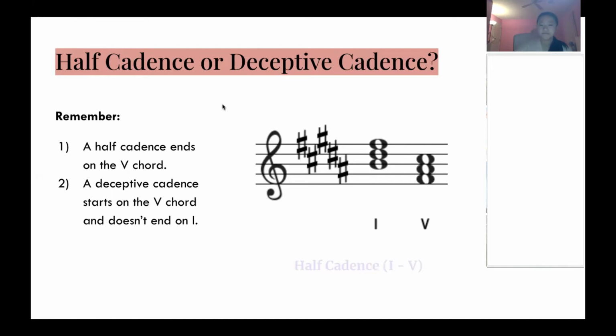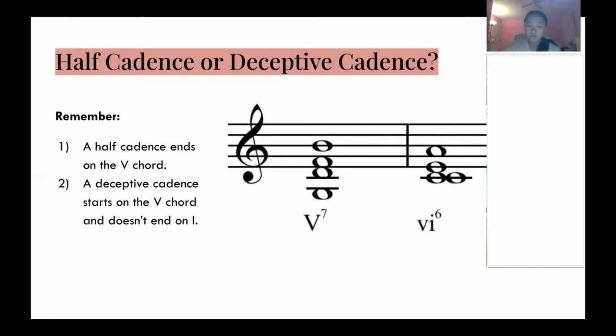So it starts on a 1 and then it ends on a 5. Okay, so this example. Can anybody tell me what cadence this is? Deceptive. Yeah, deceptive cadence. It starts on a 5 and it goes to a 6. Instead of going back to 1, it goes to another chord.